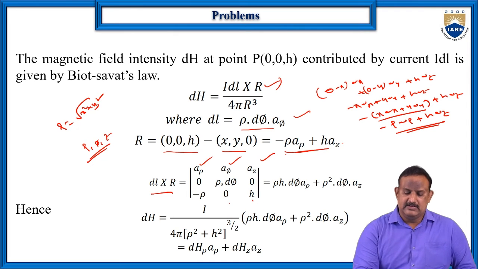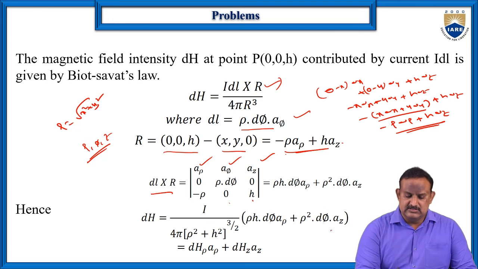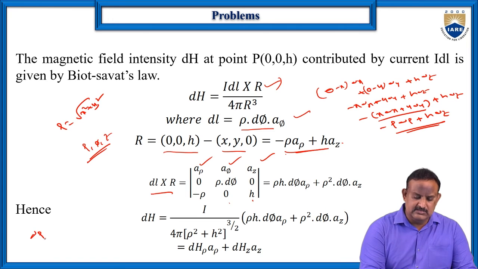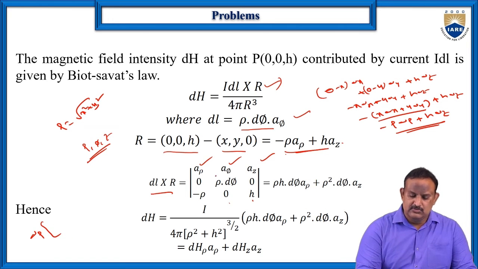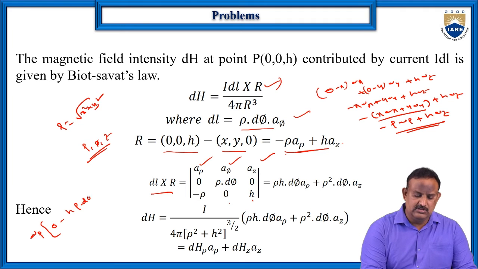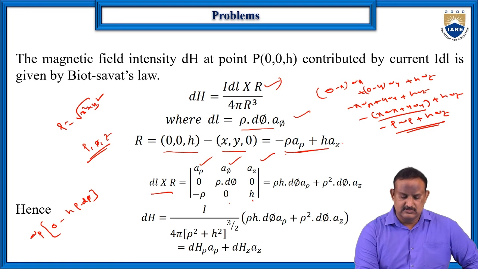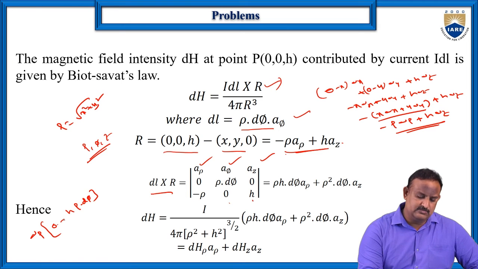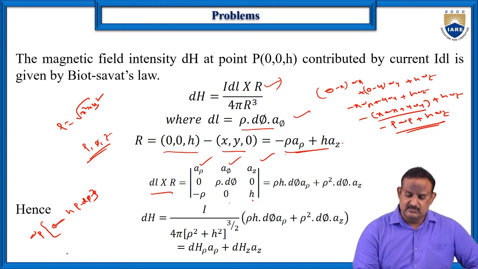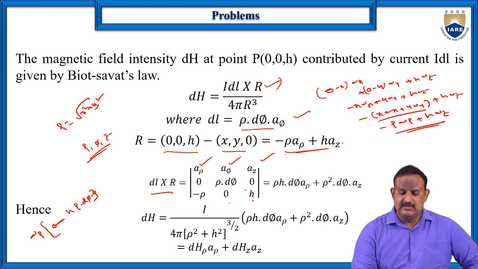So if you find the determinant of this matrix, it is a rho into (0 minus h into rho d phi) minus a phi into (0 minus h minus 0), that is h into rho d phi minus 0.